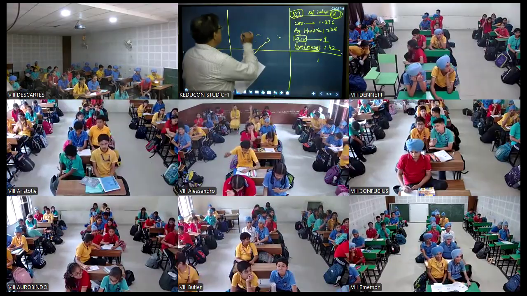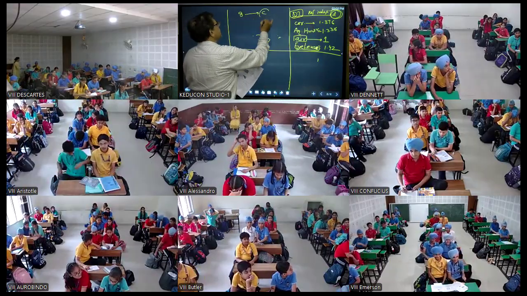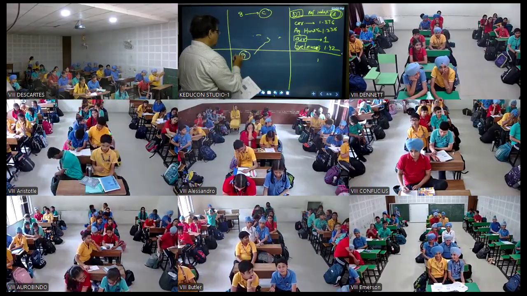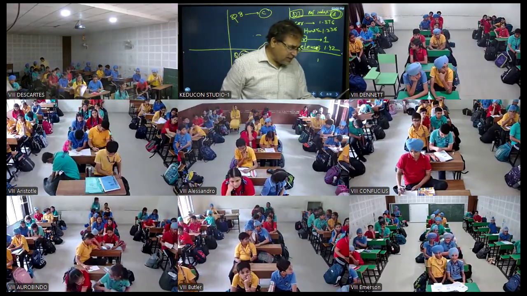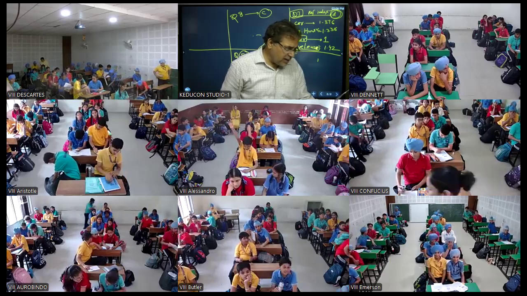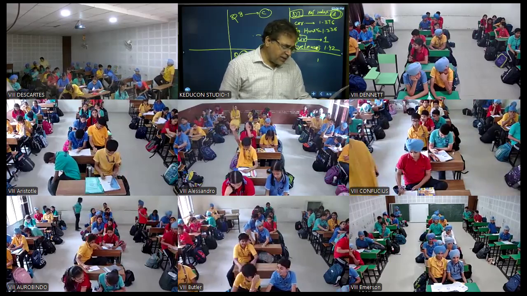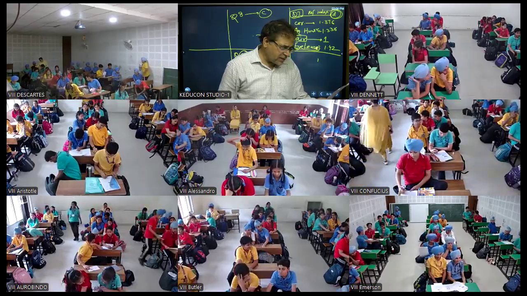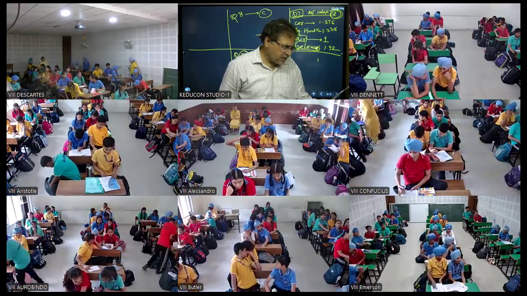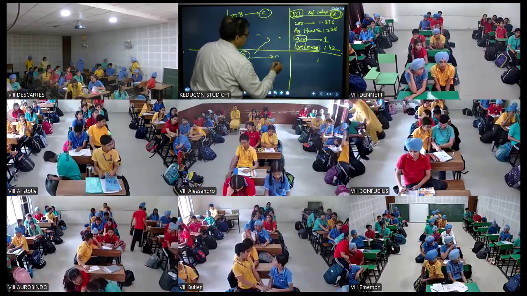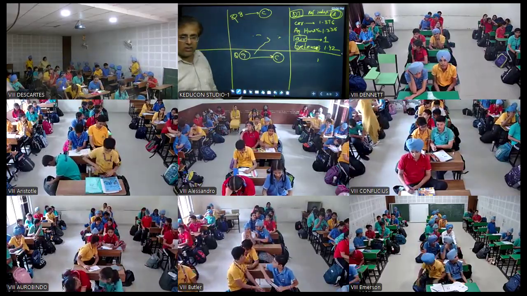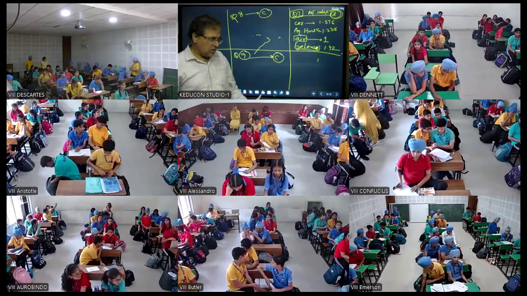Cornea. 8th is C, cornea. 9th question: The image formed on the retina is real and inverted. Brain interprets it as erect and perceived correctly. Correct? So 9th question, C option. Everybody please note down.